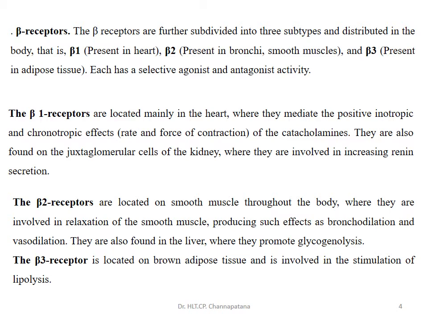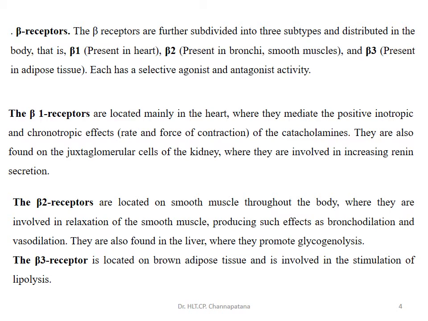The beta 2 adrenoreceptors are present in the bronchi and smooth muscles. In the bronchi, it causes bronchodilation, meaning dilation. And in the vascular smooth muscle, it brings a vasodilation effect and relaxes smooth muscle contraction.